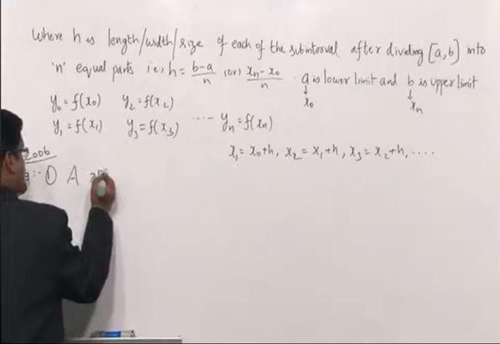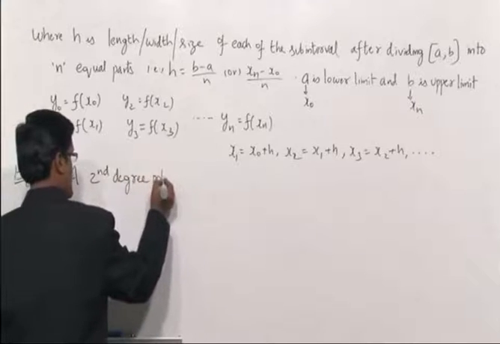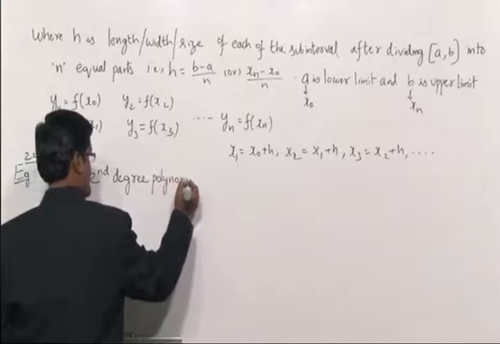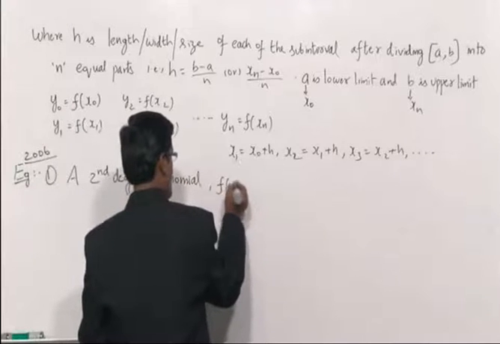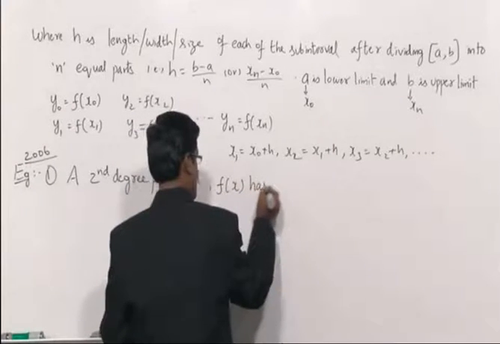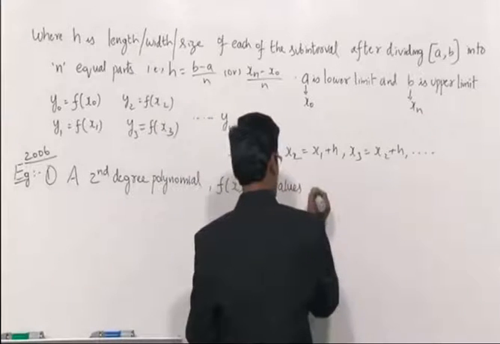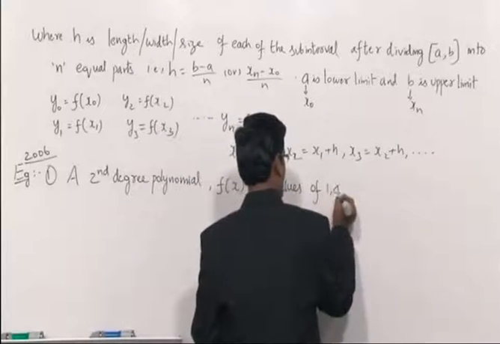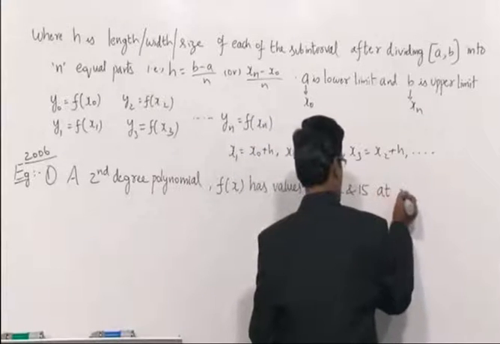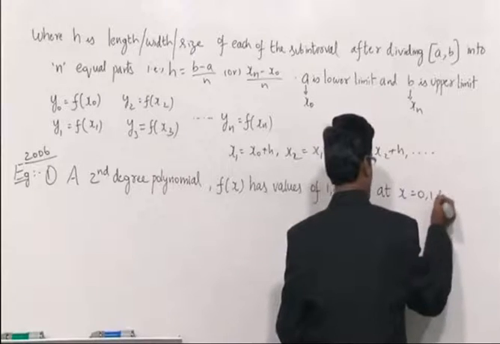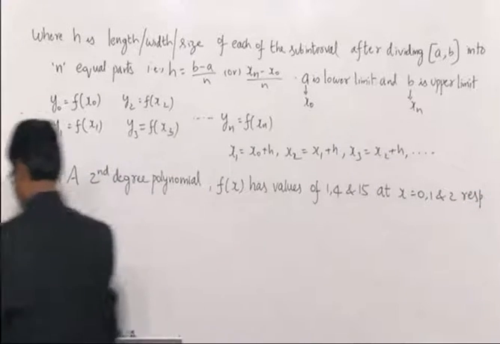A second degree polynomial f(x) has values of 1, 4 and 15 at x equal to 0, 1 and 2 respectively.